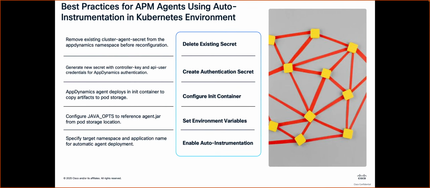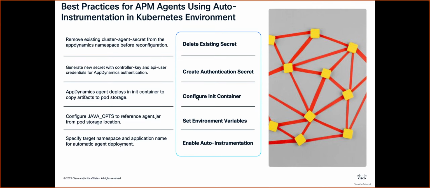And then there's some more best practices in dealing with the instrumentation of a Kubernetes environment. You want to really make sure that you do these things in an order. If you are using the auto instrumentation, make sure that you have deleted any existing secrets from your manual attempts.